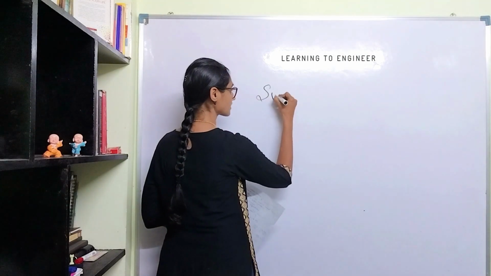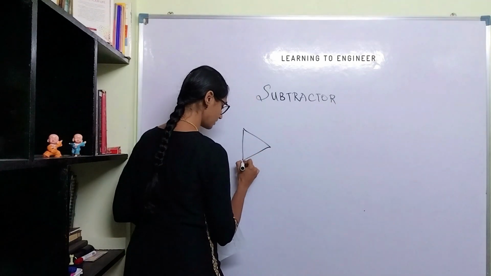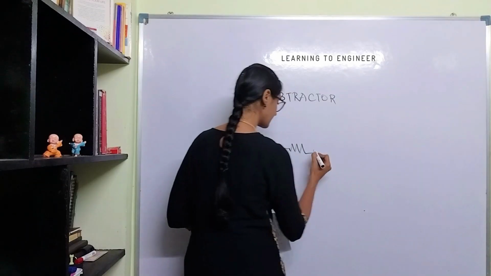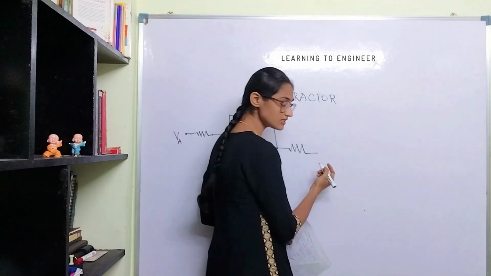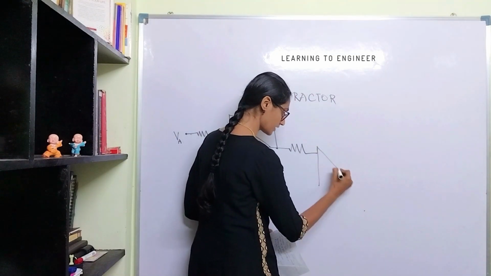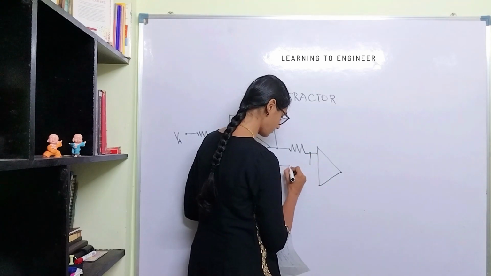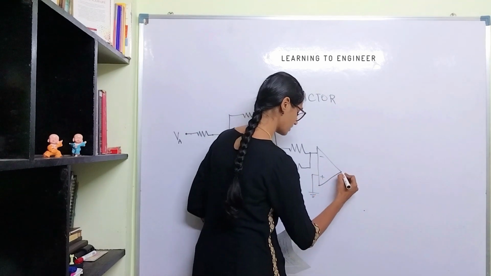This is a subtractor circuit using operational amplifiers. The first input will be given here and the positive input will be grounded, and this will be tied to one more inverting amplifier, which has another input VB, and its positive terminal will be connected to ground.